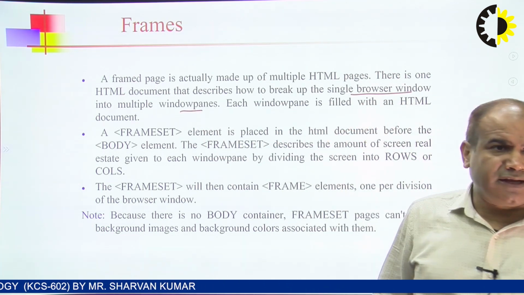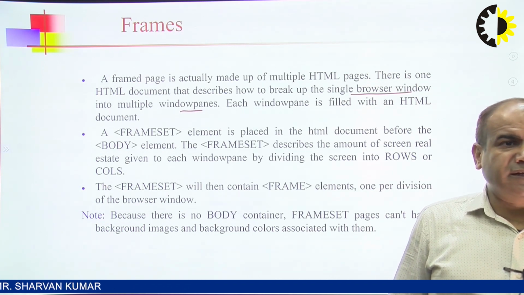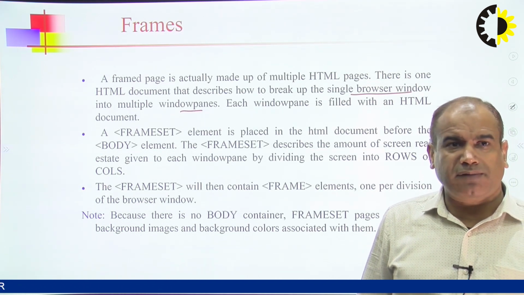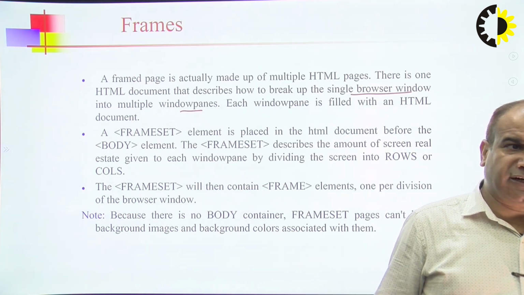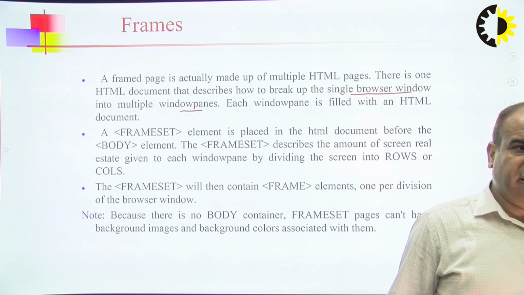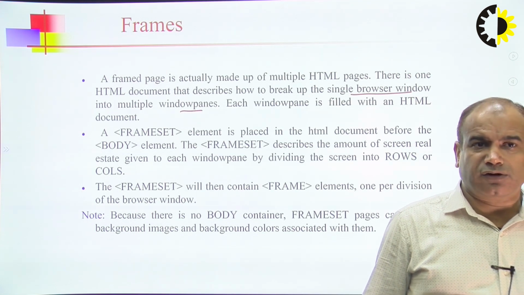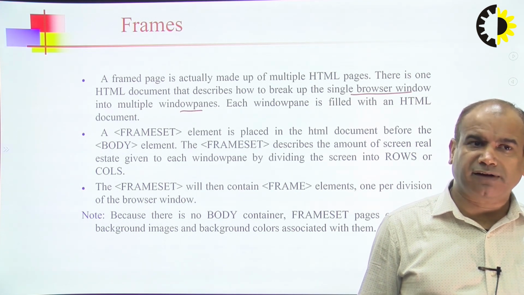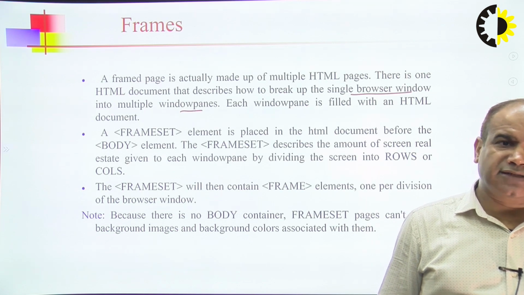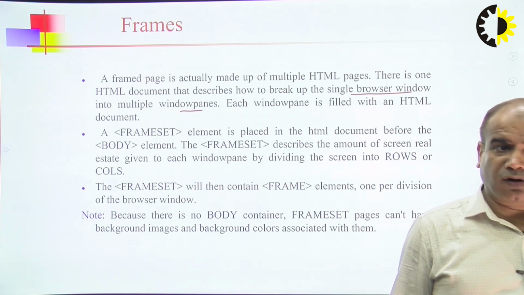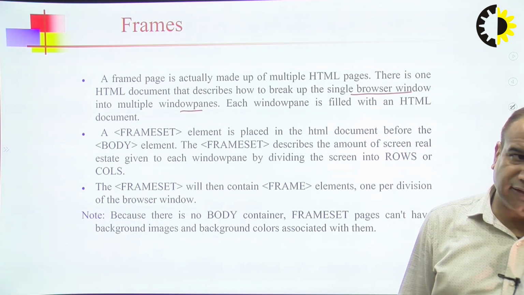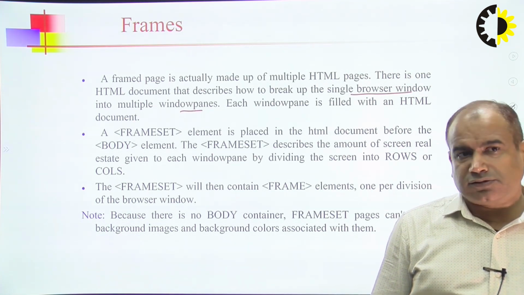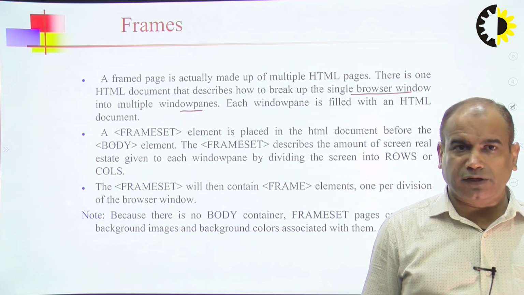A frameset element is placed in the HTML document before the body element. A frameset describes the amount of screen real estate given to each window pane, dividing the screen into rows or columns. So a frameset will contain one frame element per division. Because there is no body container, a frameset cannot have a background image or background color associated with it. They are without a body tag.